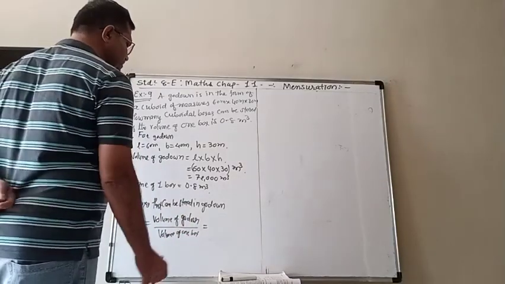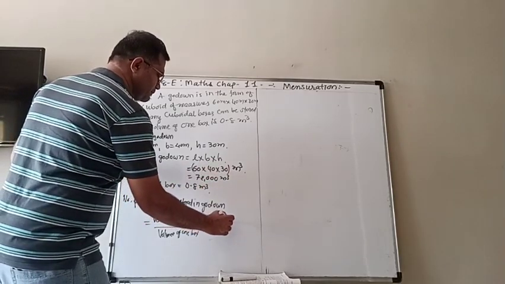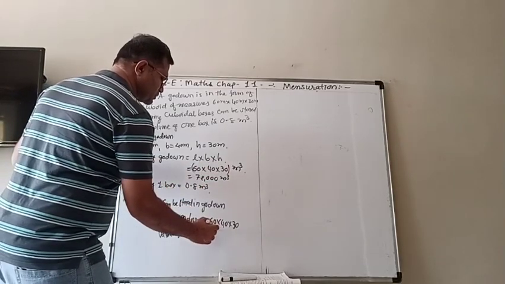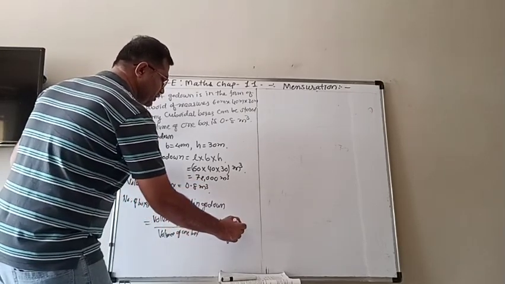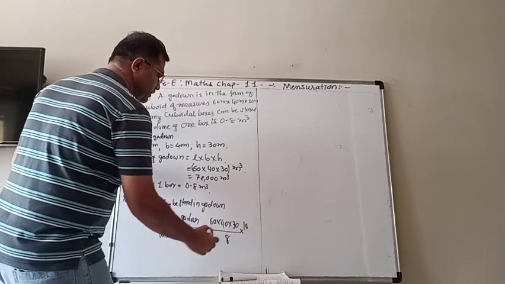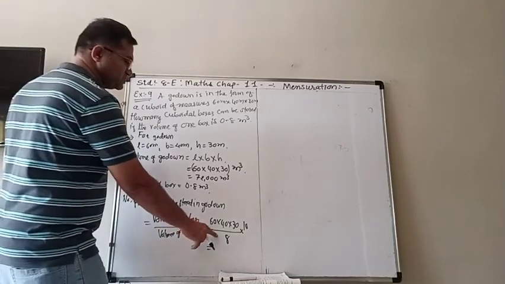So here it will be easier if we keep this one, means 60 multiplied by 40 upon 0.8. So in place of 0.8, if you write down 8, then 10 can go in the numerator. Now you can see that it is easier.